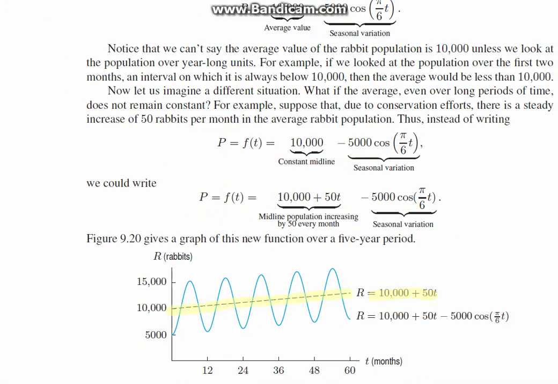So that's basically what a rising midline of a damped oscillation means. It literally means that the midline is not going to stay flat like this, but it's going to rise as the value goes on. So that's just what it means.